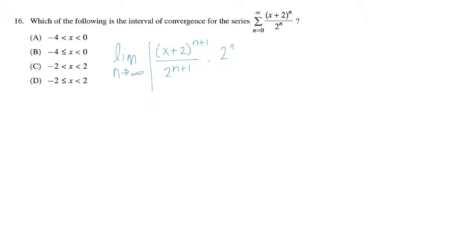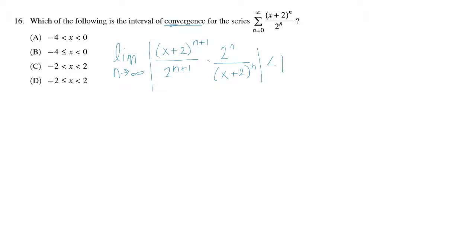So that's going to be 2 to the n over x plus 2 raised to the n, and that absolute value is less than 1. So here, we can assume that because of this ratio test, we're told that here we do converge, and so that means the statement must be true.